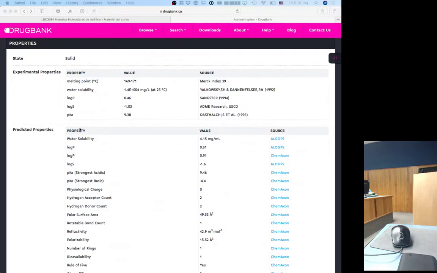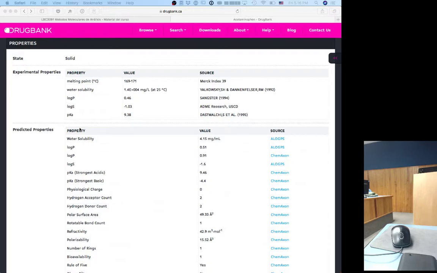Here, for example, we see two different log P's predicted by this source and by this other program. And if you notice, ChemAxon is the manufacturer of Sketch, the program for chemistry that we have shown. And the log P is not exactly the experimental one, but it's close enough. Following the logic of a logarithmic scale, this one and these two are in the same order of magnitude, right?